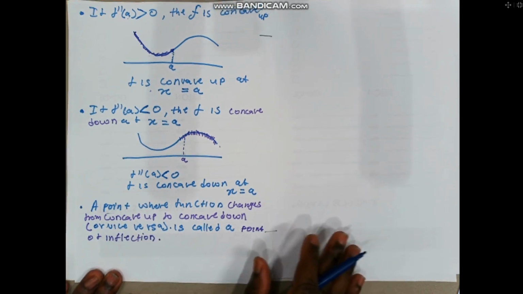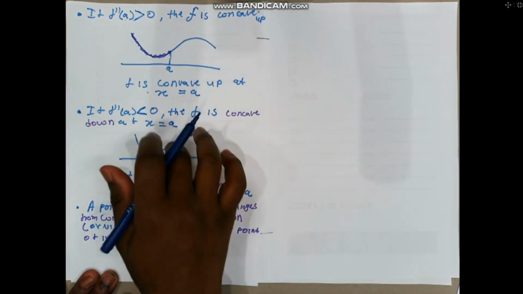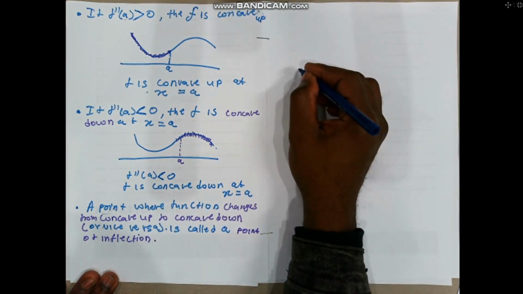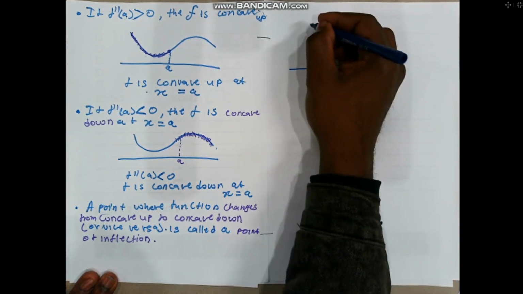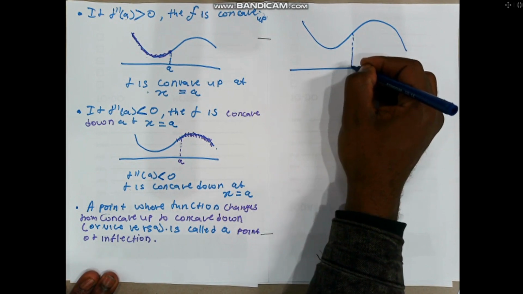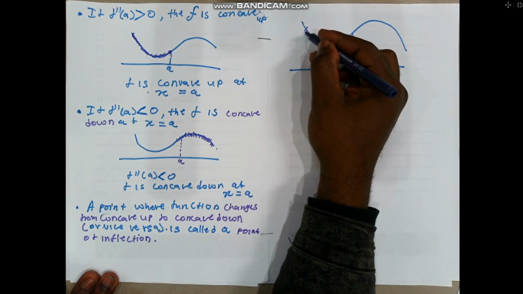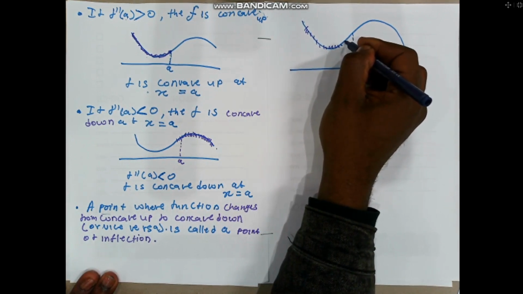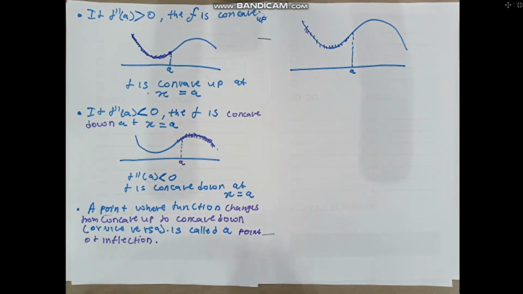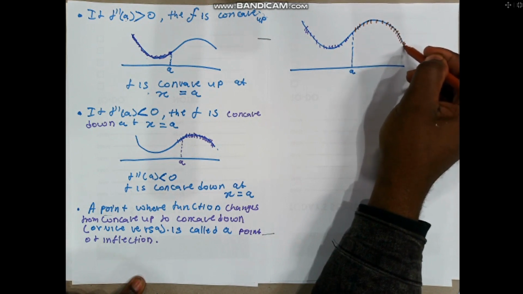I'm just going to write the function as the same as this one, but now explaining this point of inflection. Where we have a this side, so now here coming to this one, and then this one.